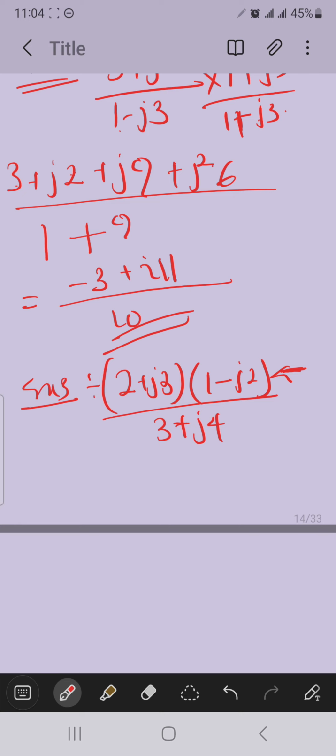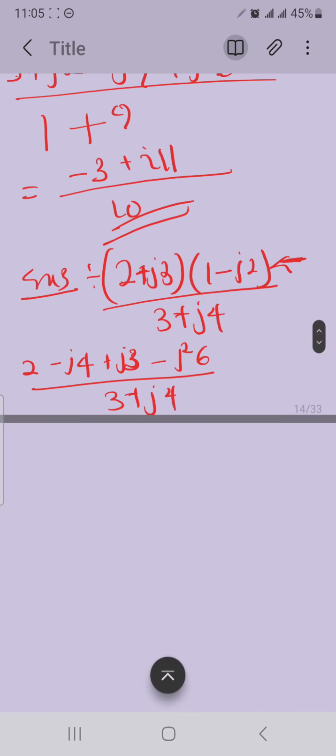So you are going to multiply this and this. You have 2 times 1, 2. 2 times minus j2, minus j4. j3 times 1, j3. j3 times minus j2, minus j squared 6. And if you understand, all over 3 plus j4.